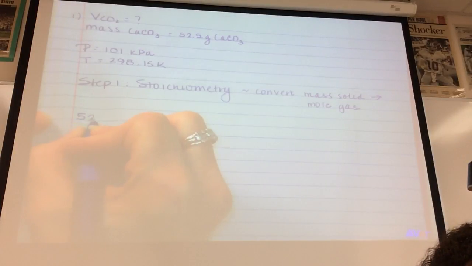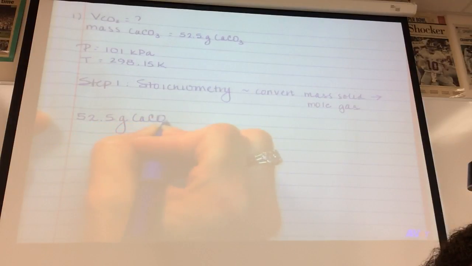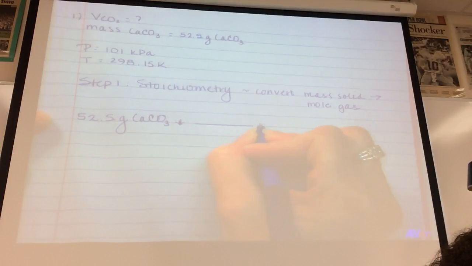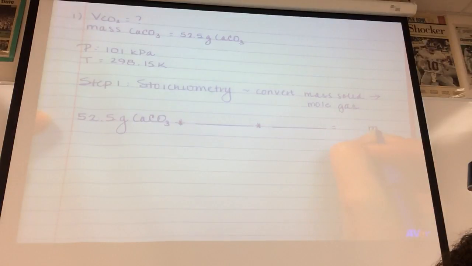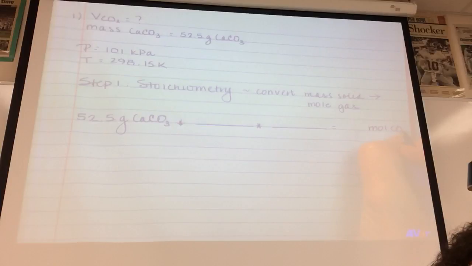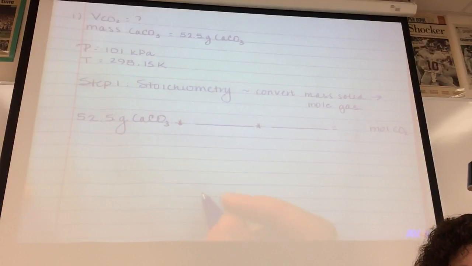You have 52.5 grams of calcium carbonate, and you want to get moles of the gas in question, and the gas in question is carbon dioxide. You're given mass, you want moles of another substance.